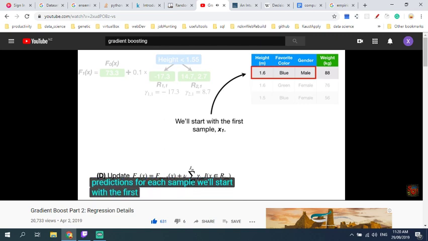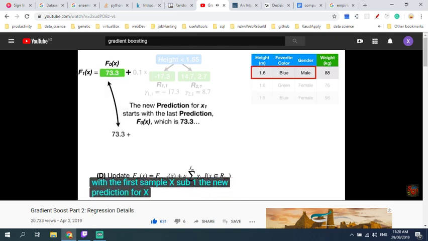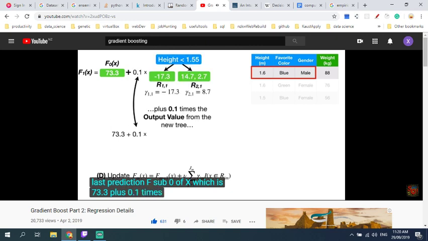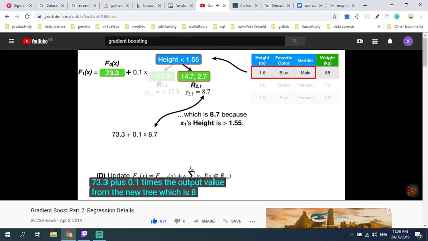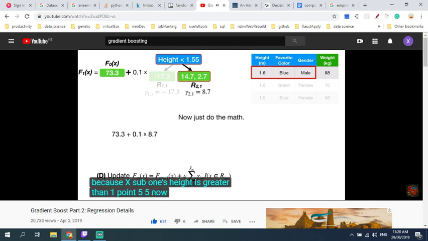We'll start with the first sample, x sub 1. The new prediction for x sub 1 starts with the last prediction, f sub 0 of x, which is 73.3, plus 0.1 times the output value from the new tree, which is 8.7 because x sub 1's height is greater than 1.55. Now just do the math.